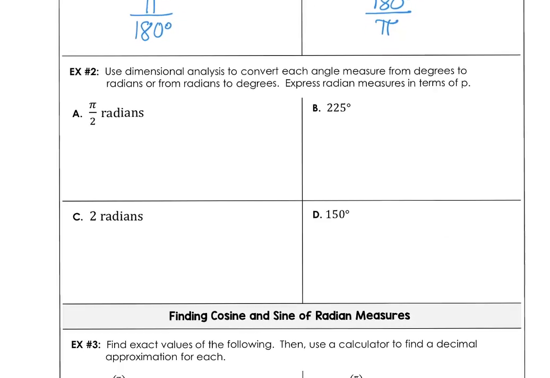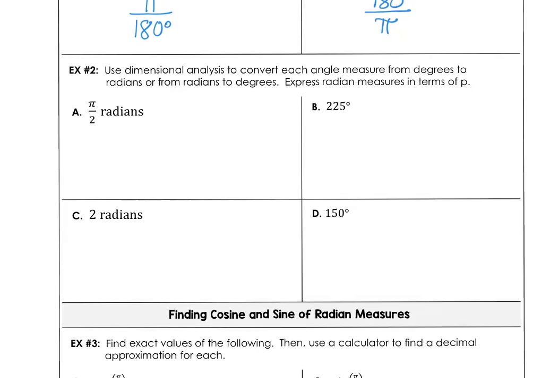It's using dimensional analysis. We're going to convert pi over 2 radians, because a radian doesn't have a unit mark like a degree does. So 180 degrees divided by pi, and you can see the pi's cancel. So 180 degrees divided by 2 is going to leave us with 90 degrees.